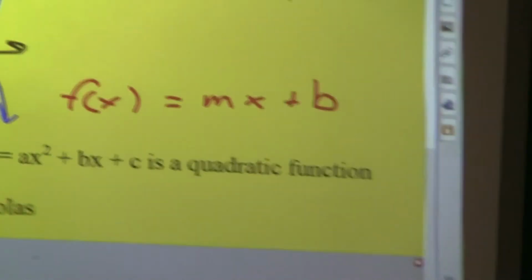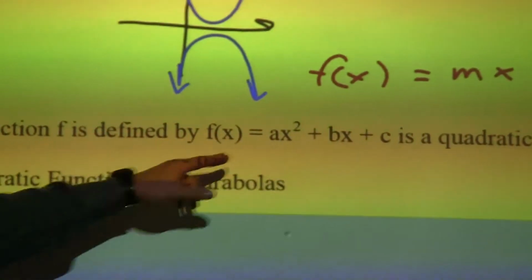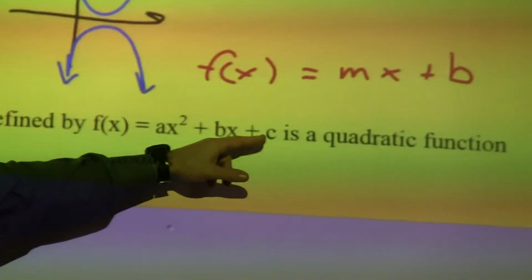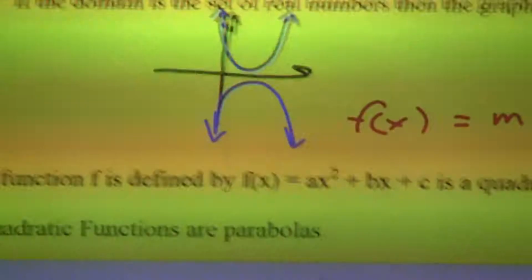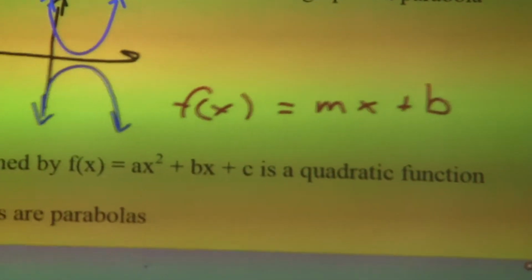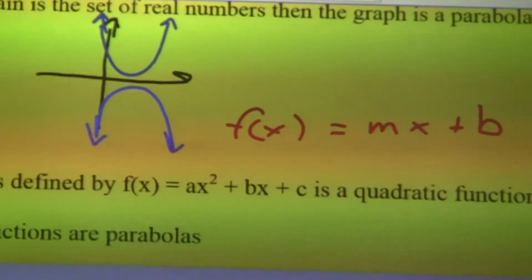Quadratic functions are ax squared plus bx plus c, where a, b, and c are constants, a and b being coefficients: the coefficient of the square term, the coefficient of the x term.